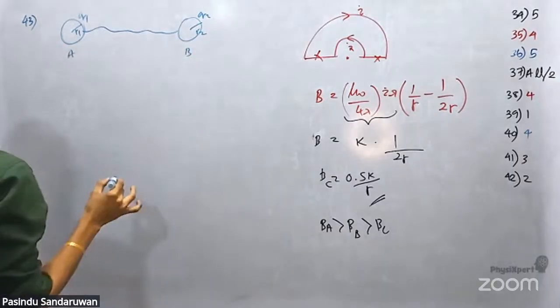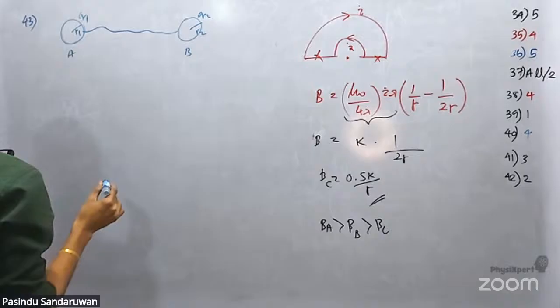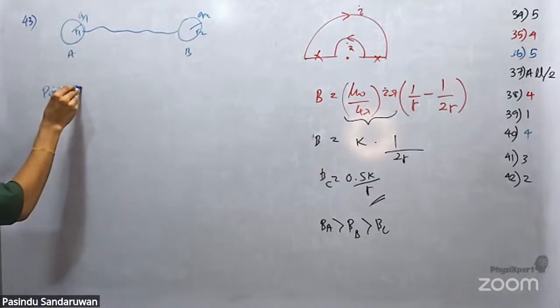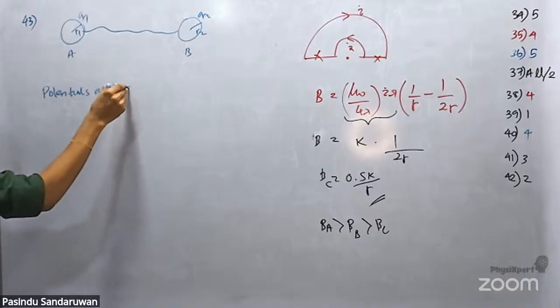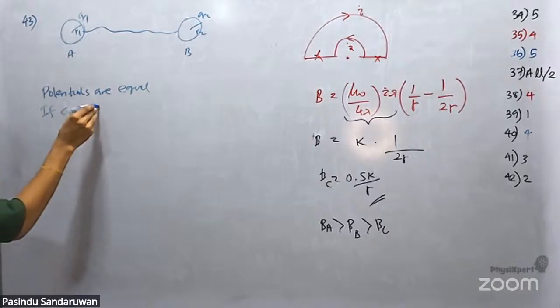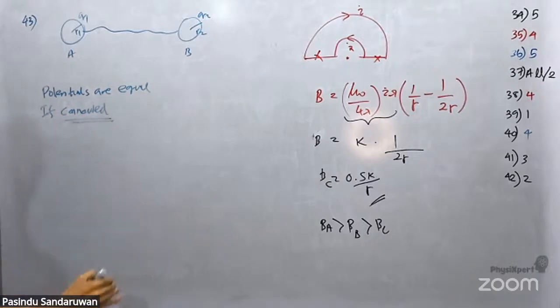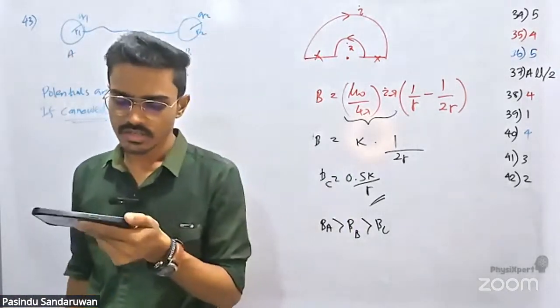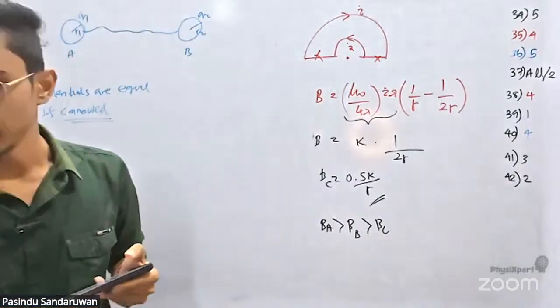Therefore, the first one, VA to VB, should be 1, right? Potentials are equal if connected. So that is very straightforward. That is 1, right? And we need E.